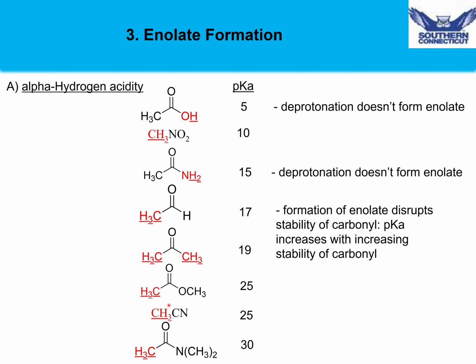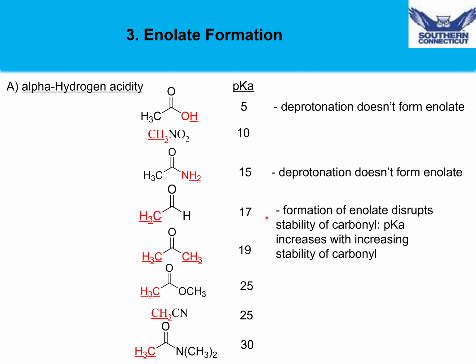An amide, at least those that are tertiary, can be converted into an enolate when treated with base. The pKa of the alpha hydrogens on an amide is about 30. Notice that starting with this aldehyde and going down to the amide, the pKa values are increasing. There is a correlation between the stability of the carbonyl and the pKa value.